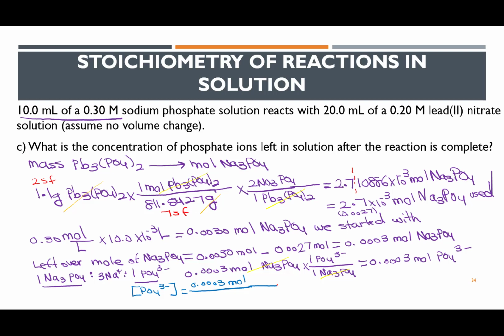Here the volume should be the combined volume: 10 milliliter plus 20 milliliter. We have to multiply by 10 to the power of negative 3 to convert it to liter, which is equal to exactly 0.01 molar phosphate ion. Okay, this is the answer. This is the concentration of phosphate ion left in the solution.